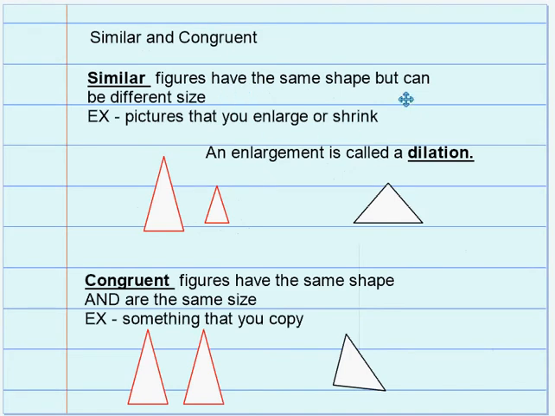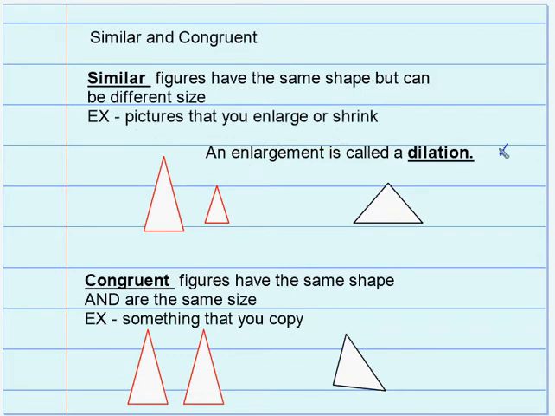One last thing in this lesson, we have similar and congruent, and we already talked about congruent a little bit. But similar figures have the same shape but can be a different size. Okay? They don't have to be a different size, but they can be. And what we're talking about there are pictures that you enlarge or you shrink. Okay?